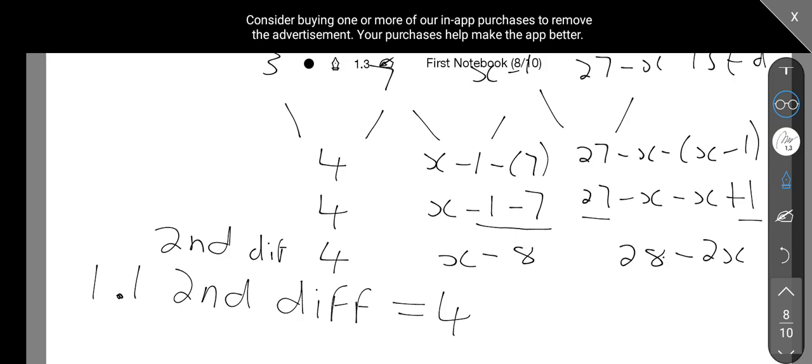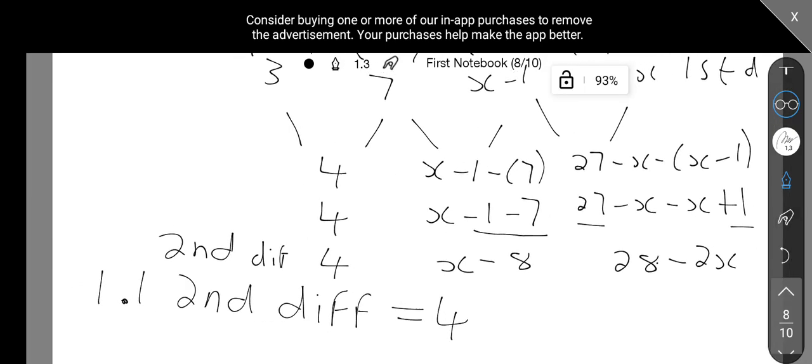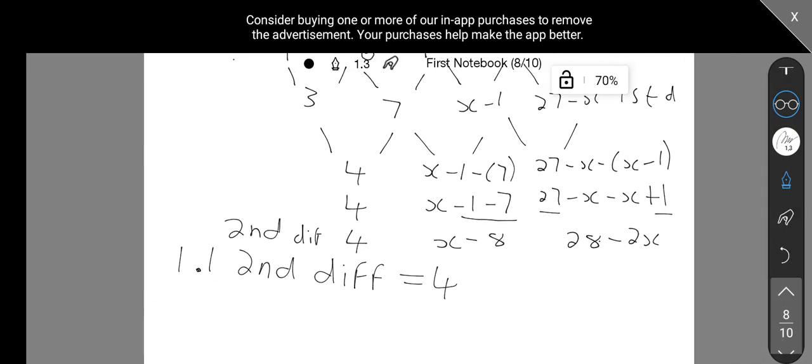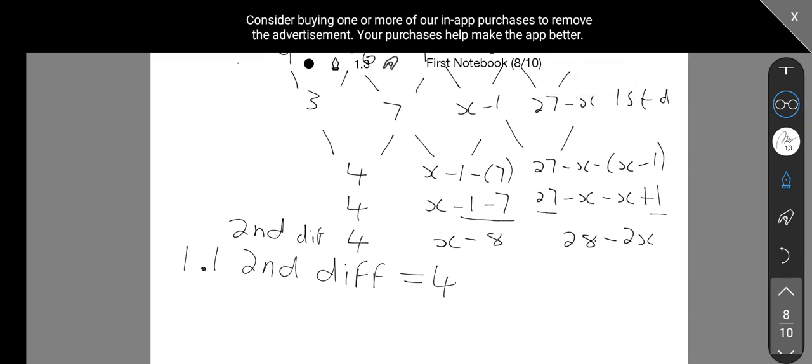That's why we say that the second differences of a quadratic pattern are constant. So the second difference is equal to 4. We can go to the next slide to solve for the next question.